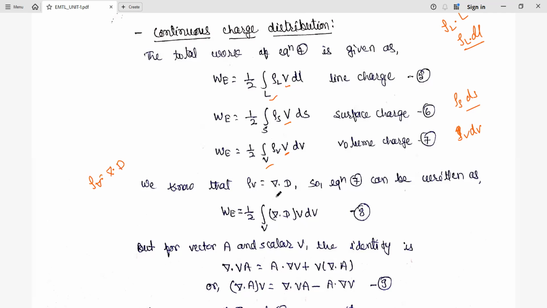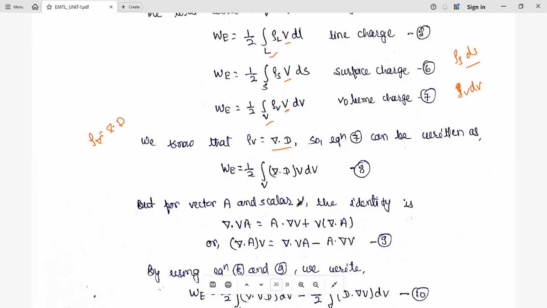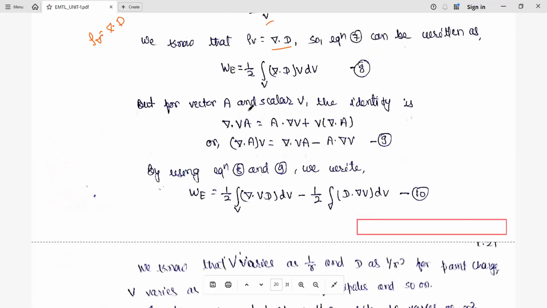So that expression we are going to use here. In place of rho V, we have substituted del dot D. Now in this, we are going to apply one identity. On the basis of that identity, you can see that if A is the vector quantity and V is the scalar quantity, then del dot VA equals A dot del V plus V into del dot A. Now we are trying to rearrange this equation since we have del dot of a vector quantity into a scalar quantity.